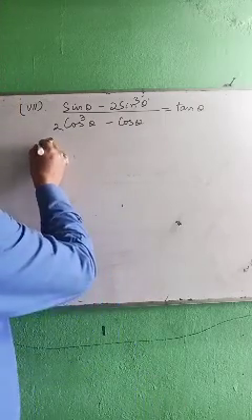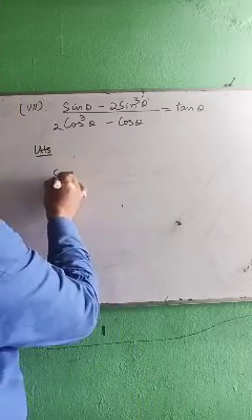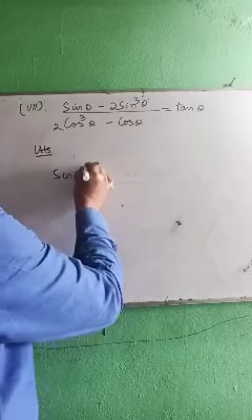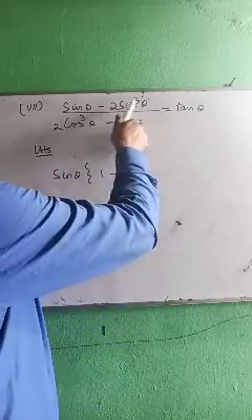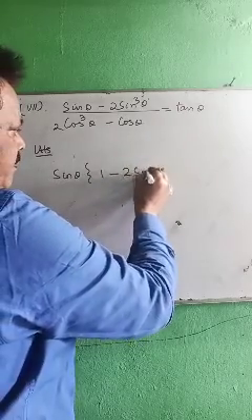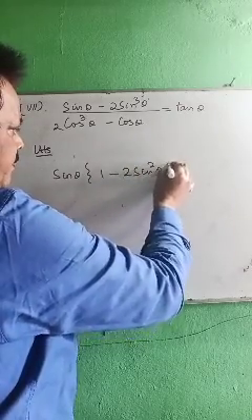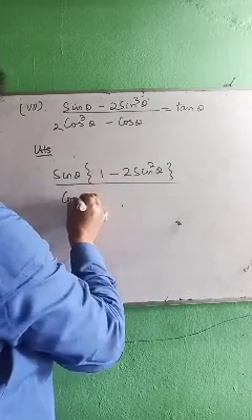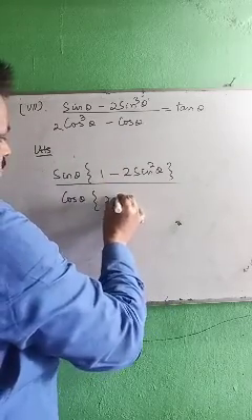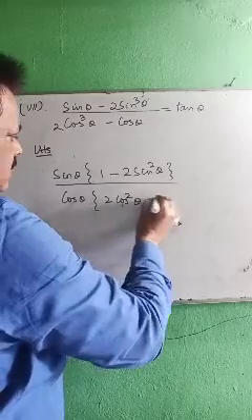So you take left hand side, take sin theta common. What you will get? 1. This will be what? 2 sin square theta. If you take cos common, this is 2 cos square theta minus 1.